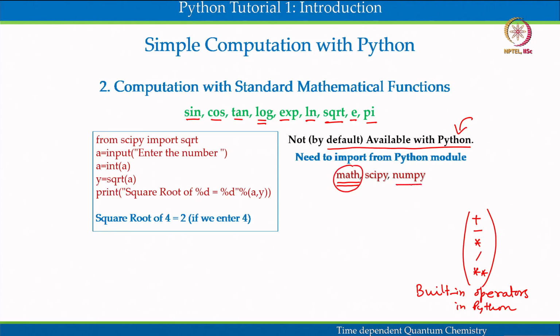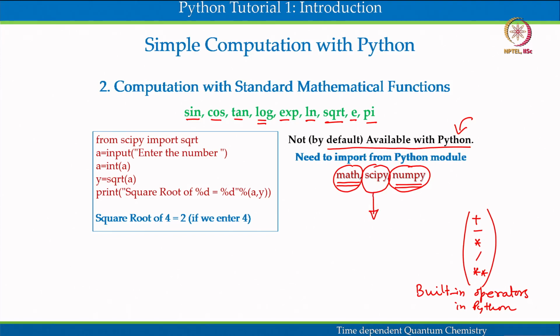There is a numerical module which is NumPy, that module can also be imported. And also for scientific computing there is a SciPy module. All these modules are available and each module has its own benefit. But in this course very frequently we will be using this SciPy module.